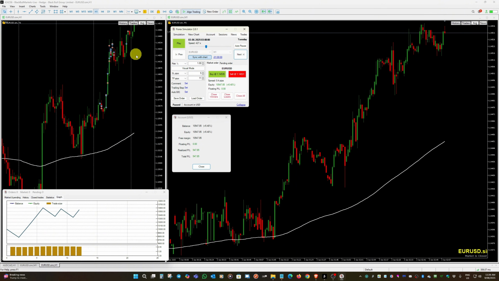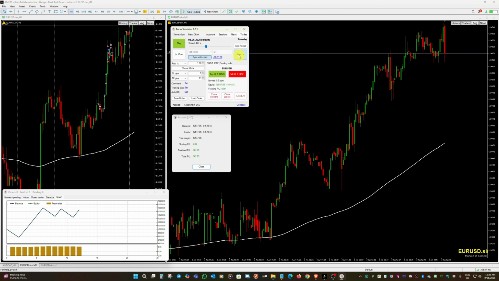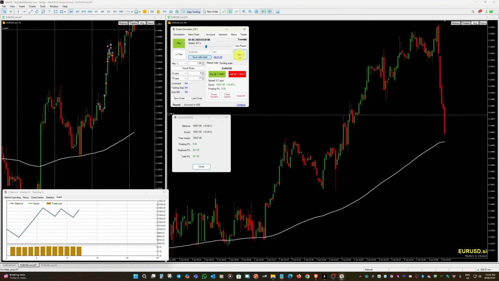Okay, we've moved a few hours into the next day, and the first couple of 1 hour candles are green. So let's go back to the 1 minute chart and see if we can see any setups coming.